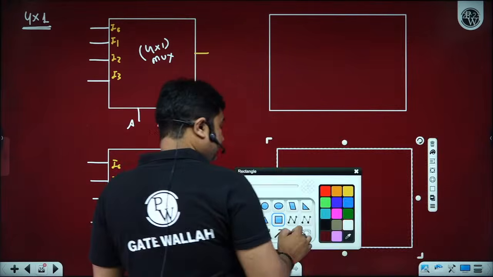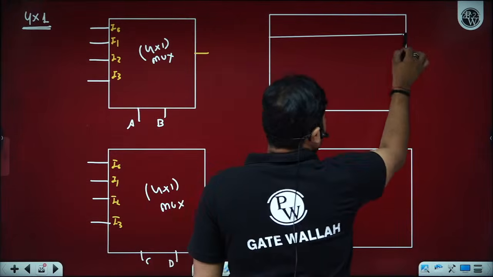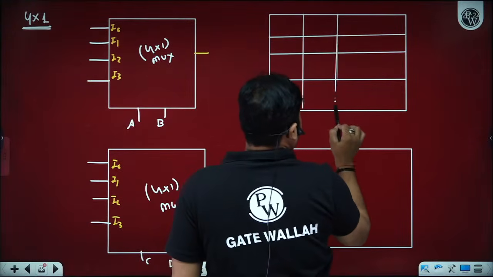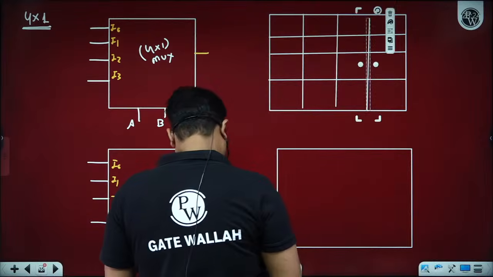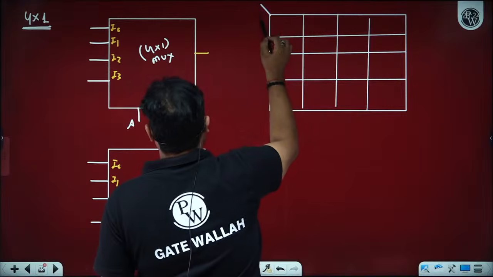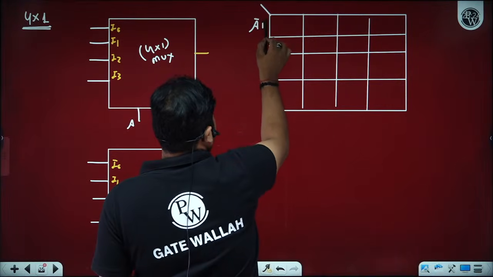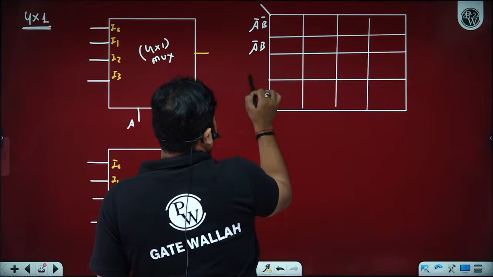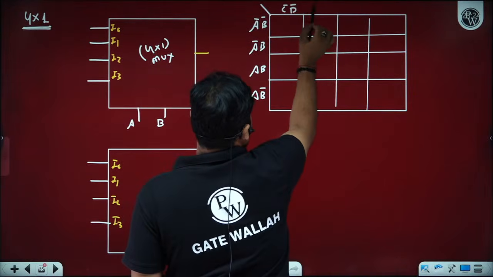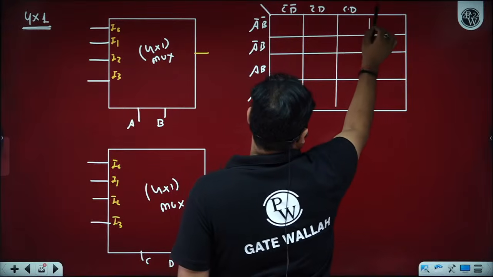Okay. If you observe a K map, with AB onto the select line, A bar B bar, A bar B, AB, A B bar, and C bar D bar, C bar D, CD, CD bar.